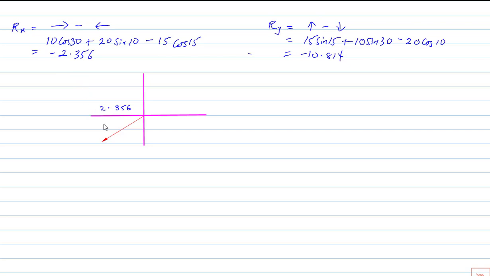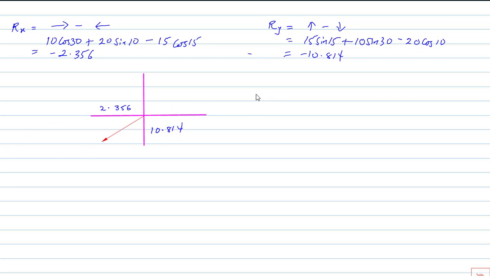It's just showing the direction. And since we've indicated it at the negative side of the x-axis, we are good to go so that we don't confuse ourselves in our subsequent calculations. In the y direction, there's also negative 10.814. Again, negative is just to show direction. This implies that it's going towards the negative y-axis. So let me just indicate 10.814.